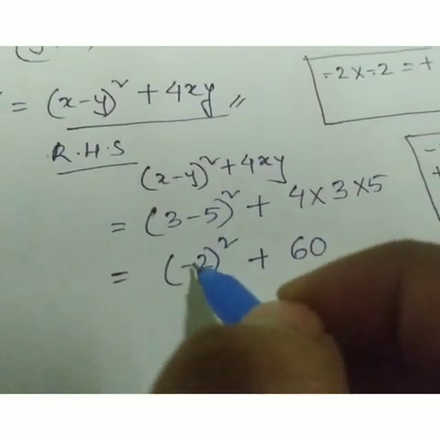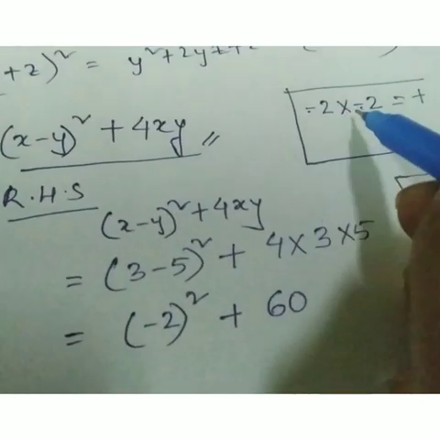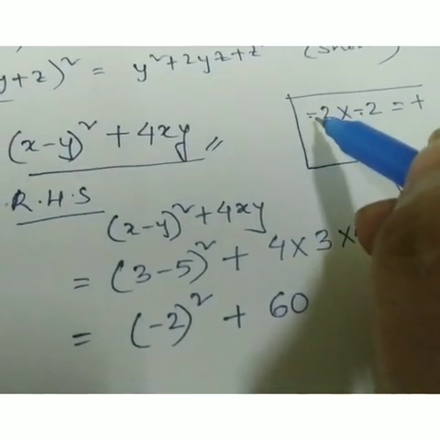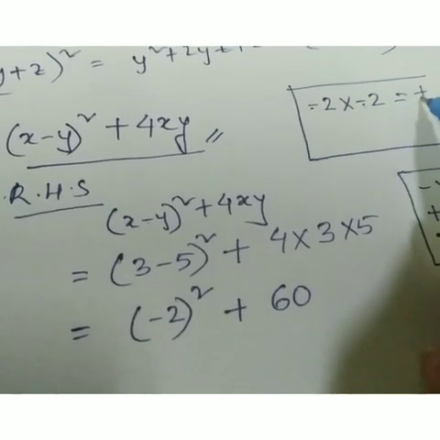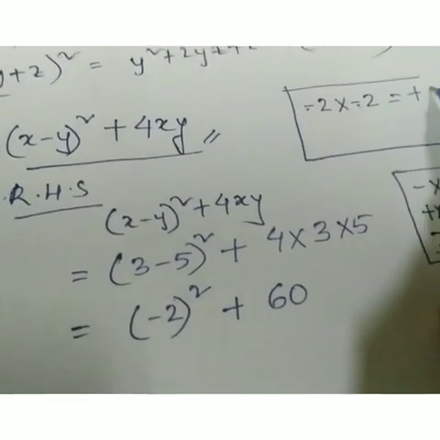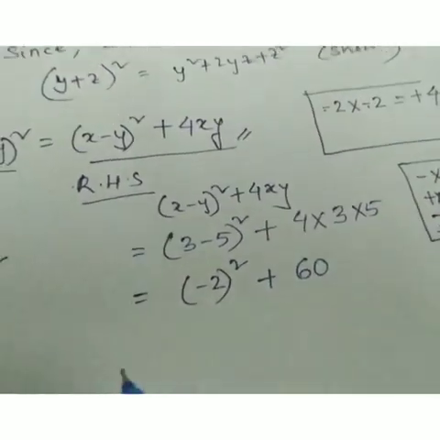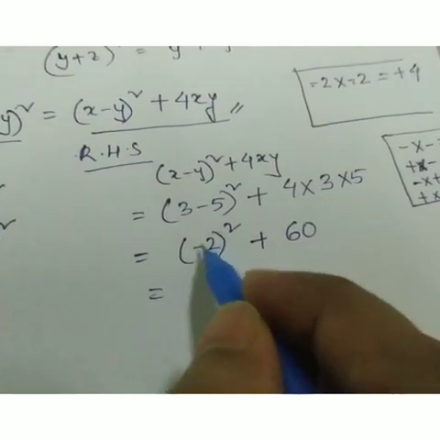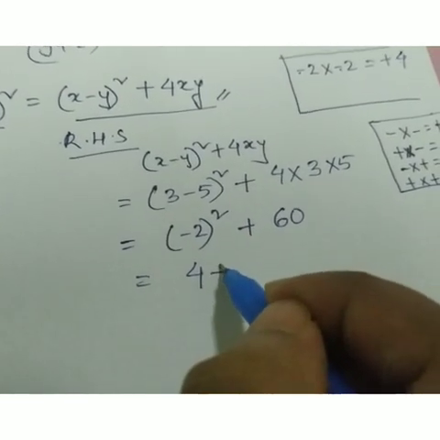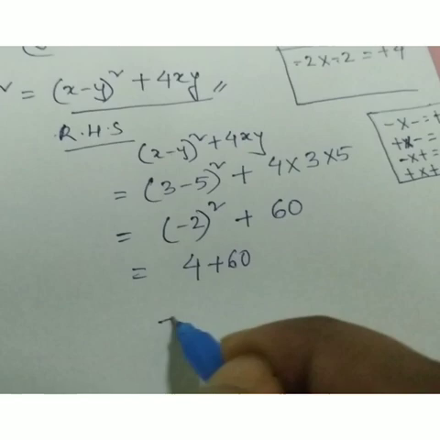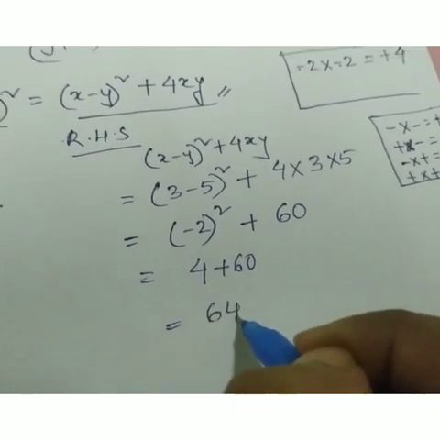So minus 2 whole square means minus 2 into minus 2. Here both minuses get multiplied, so minus into minus is plus, then 2 into 2 is 4. So minus 2 whole square is actually 4, then plus 60. 4 plus 60 is 64.